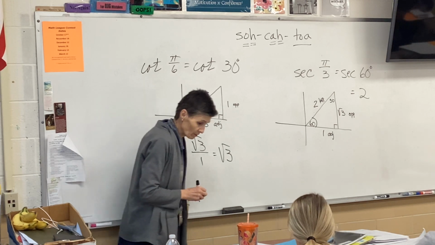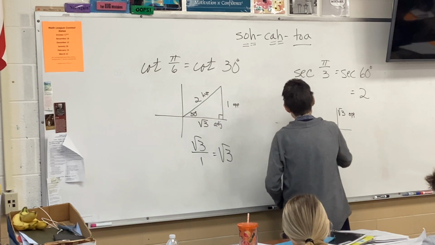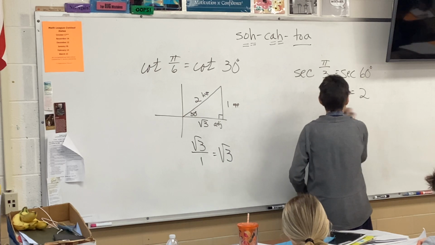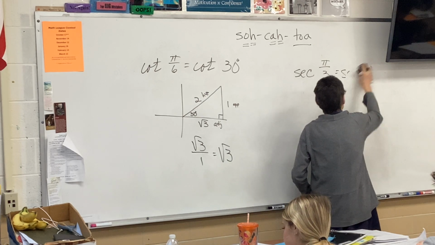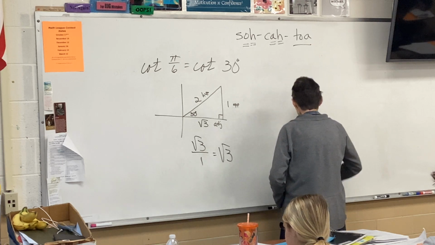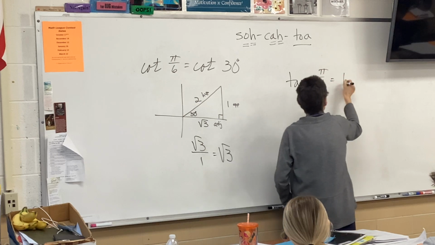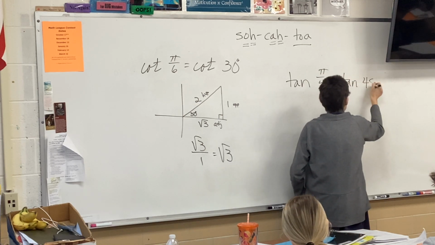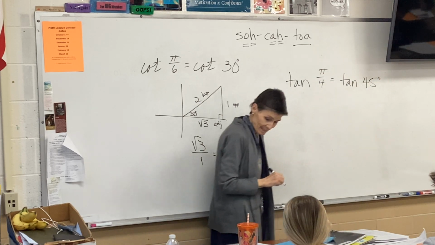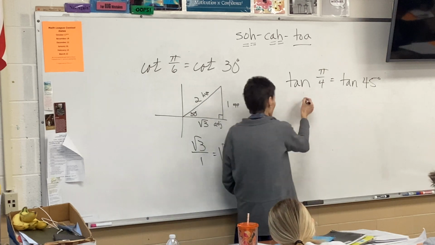All right, what's different about B? Tangent pi over 4. What's pi over 4? What'd you say, Jared? 45. That doesn't change anything about how we draw it.